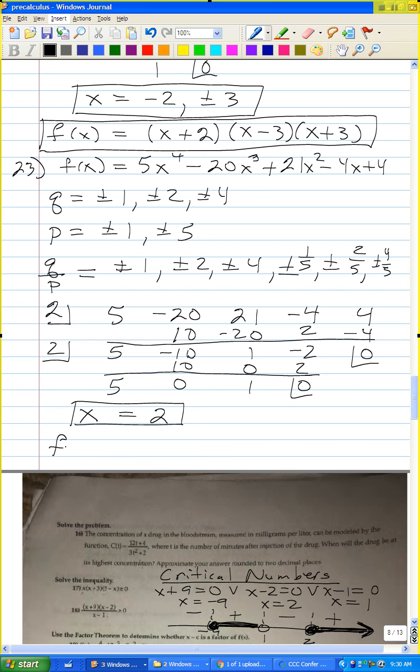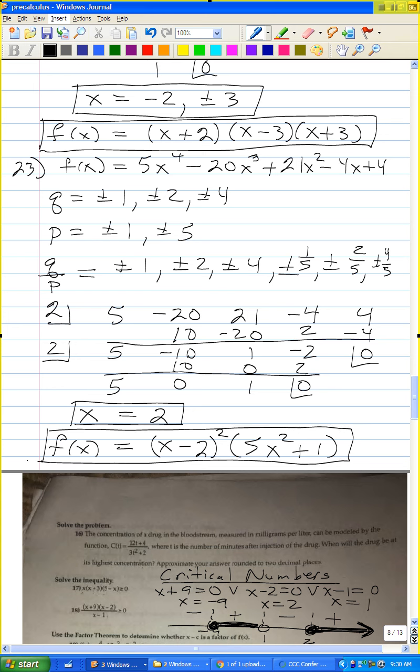And so this factors into x minus 2 quantity squared times 5x squared plus 1. You only want to factor over the real numbers.